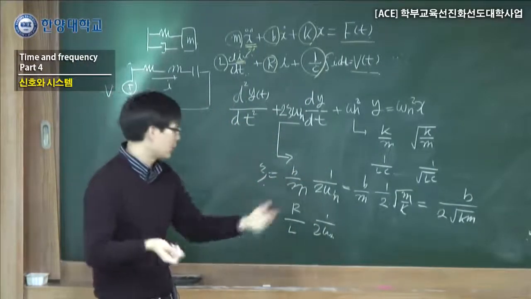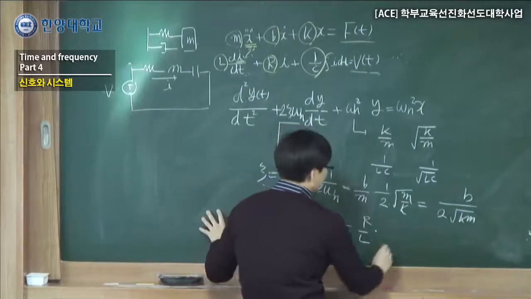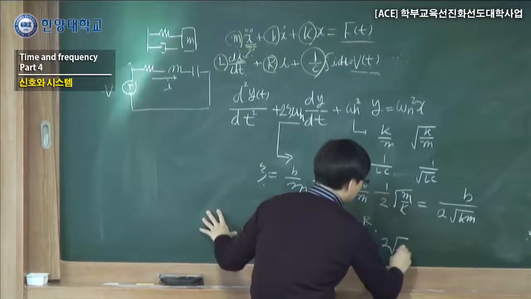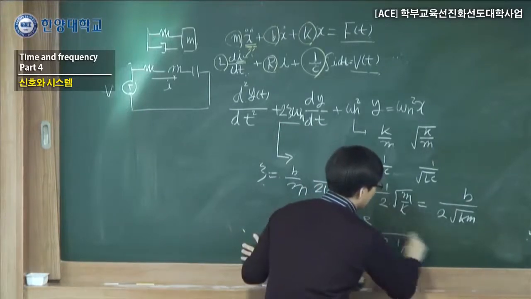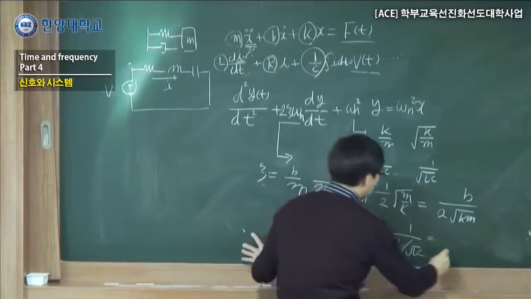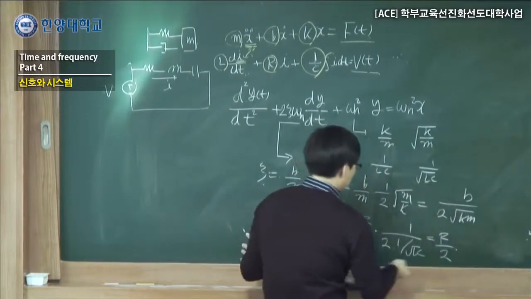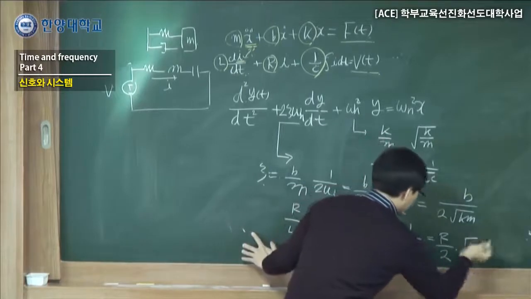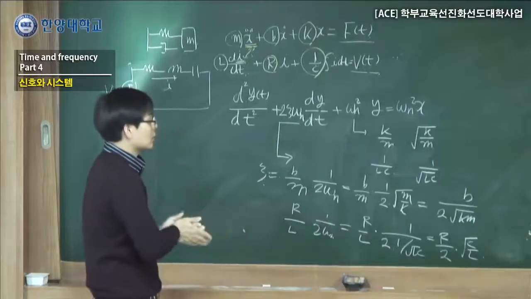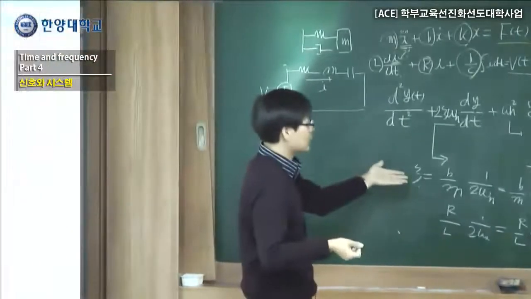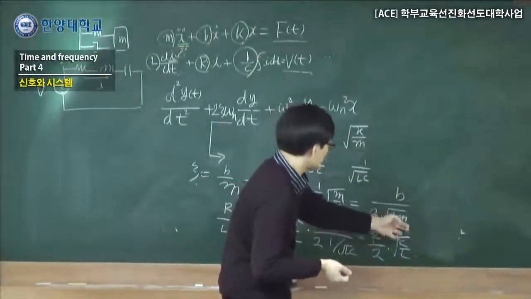If you know the dynamics, it's familiar. For the circuit, it will be R times one half of the square root of C over L. So this one relates the damping, the spring constant and the mass together.